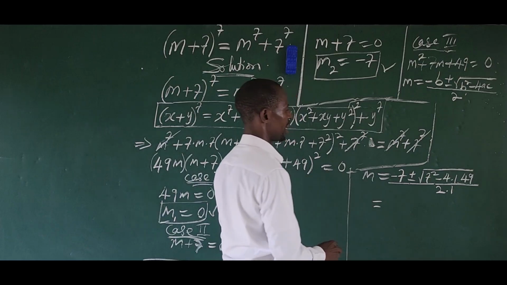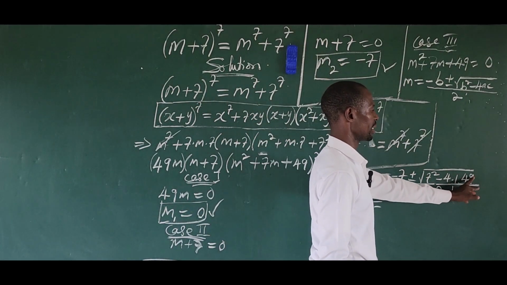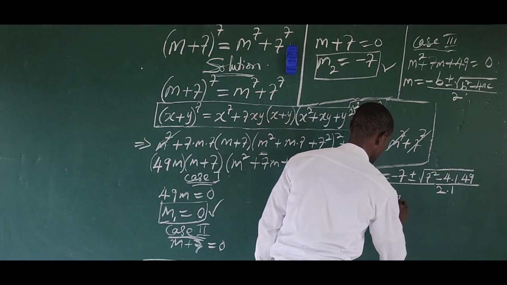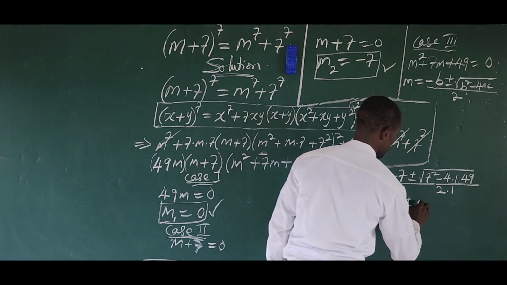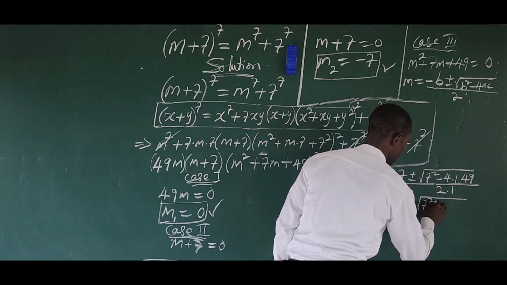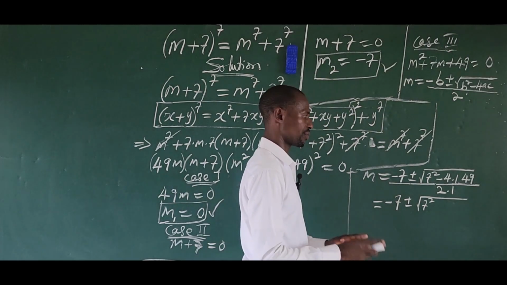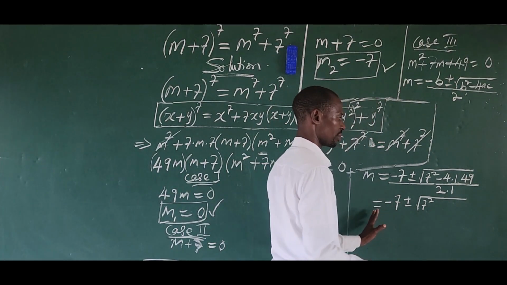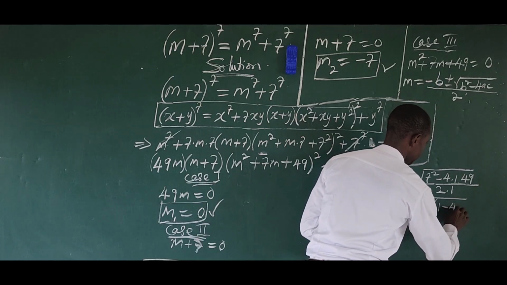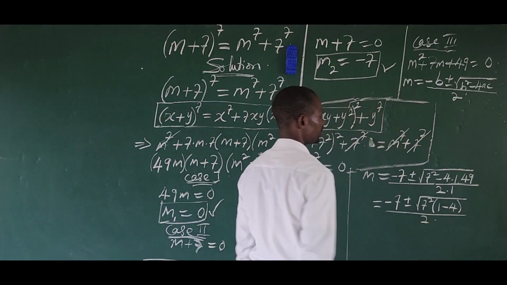So if we simplify this here, we can express 49 as 7 to the power of 2. And so this is going to give us minus 7 plus or minus the square root of, here we have 7 to the power of 2. And because we can express this as 7 to the power of 2, we're going to bring 7 out. And if we factor out, we're going to have here 1 minus 4, those brackets, all over 2.